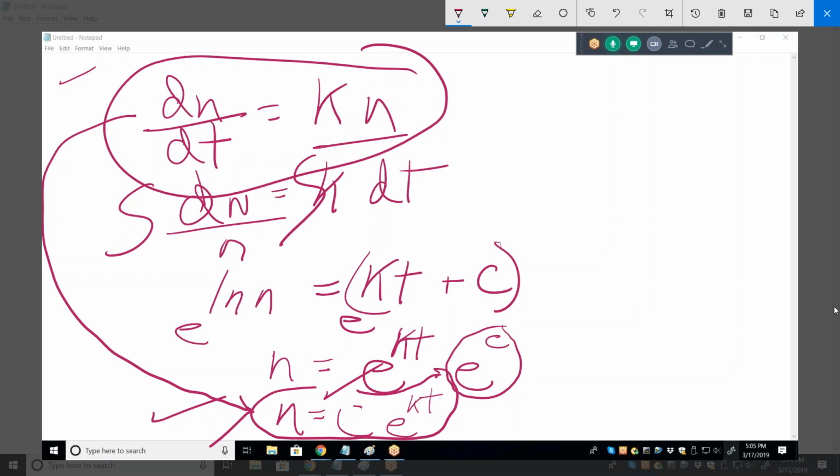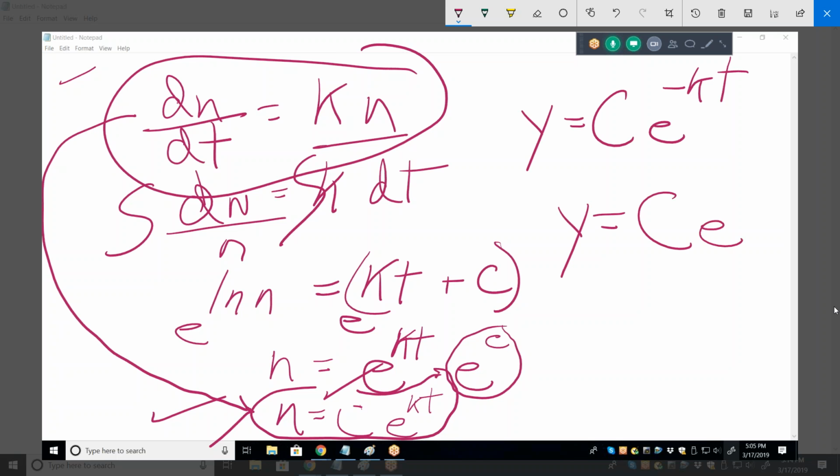Now, having said that, I see a lot of this for decay, and I see this for growth, which means k is always positive. I don't quite understand why.